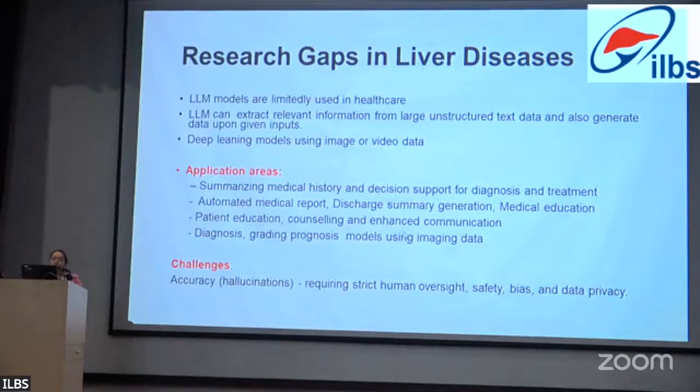So the research gap, I was talking about some areas. The LLM model for healthcare, especially in liver, has been explored very limitedly so far. So LLM can extract relevant information from large unstructured data, like text.